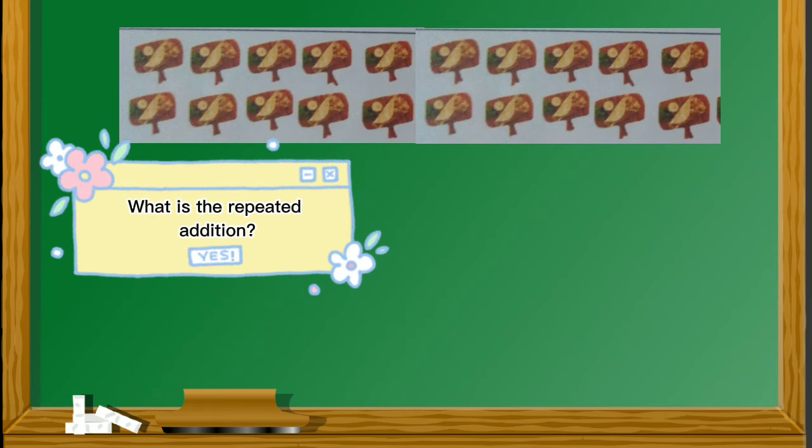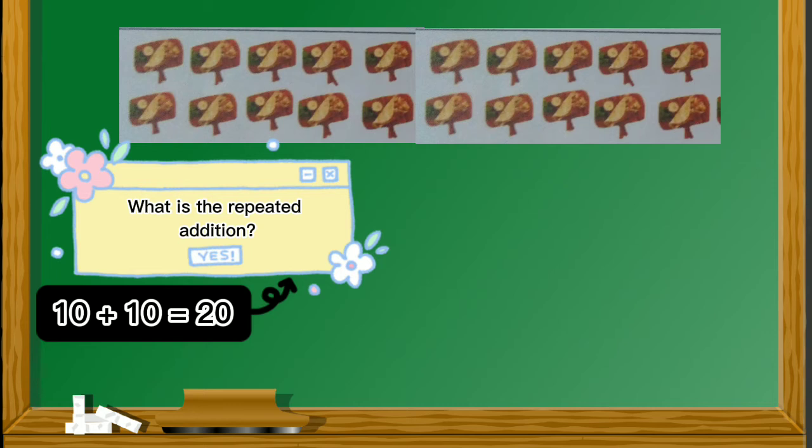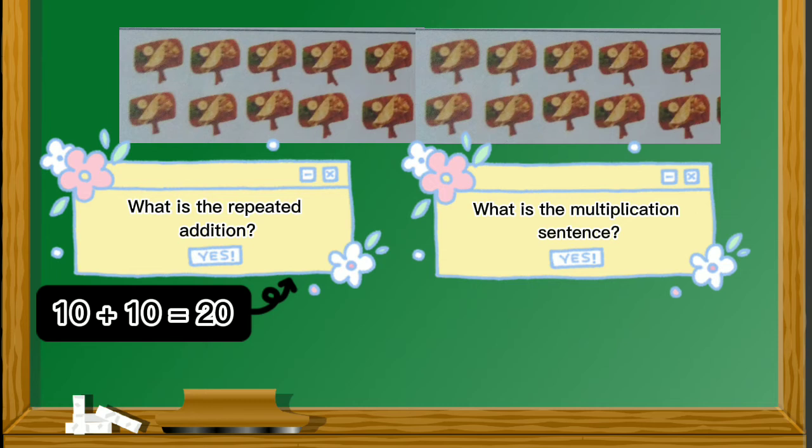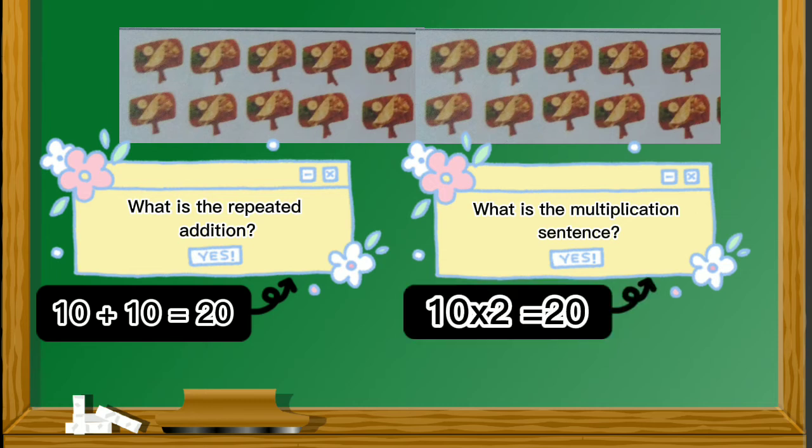What is the repeated addition sentence? The repeated addition sentence would be 10 plus 10 is equal to 20. Now, this is the way on how to write the multiplication sentence. 10 times 2 is equal to 20. How many shawarmas are there in total?